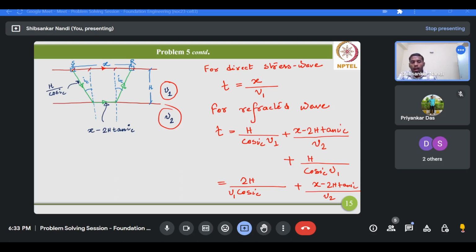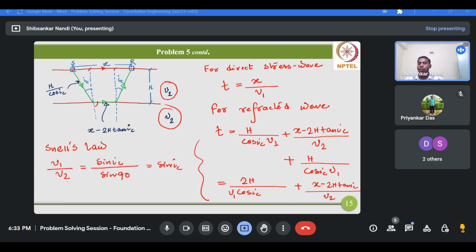Now this expression we can further simplify. How can we simplify? Based on Snell's law, as we have already discussed, v1 divided by v2 is sin IC divided by sin 90, since this angle is 90. So therefore v1 by v2 is basically sin IC.